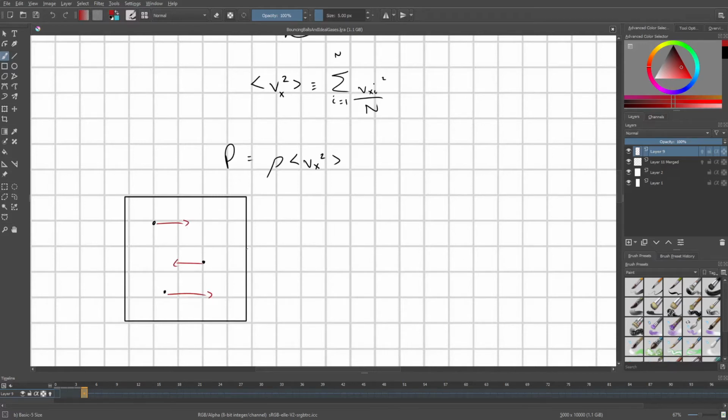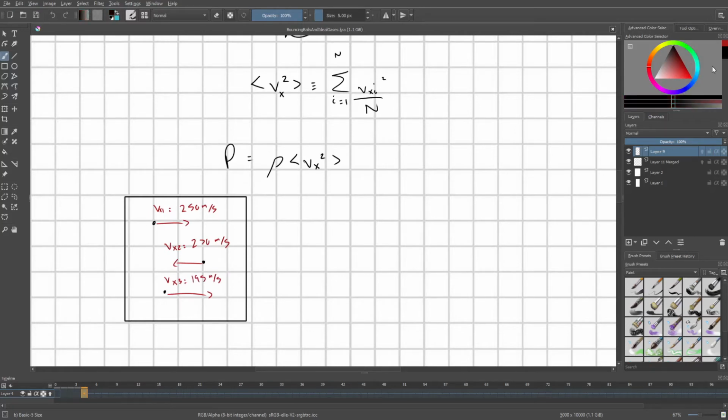And they're all going to have different speeds. Let's say that vx1 equals 250 meters per second, vx2 equals 270 meters per second, and let's say that vx3 equals 195 meters per second.